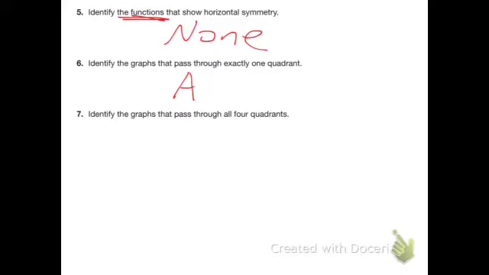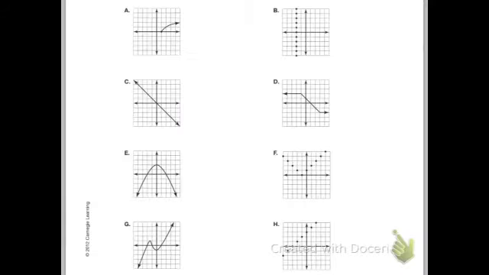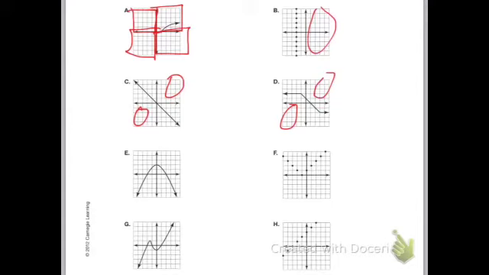And then 7, identify the graphs that pass through all 4 quadrants. So it has to end up in each one of these quarters here. Those are the quadrants. Okay, well, A only goes through one, so that's not it. B doesn't reach the right side. C doesn't actually go into those 2 quadrants. D doesn't go into the first or third quadrant either.